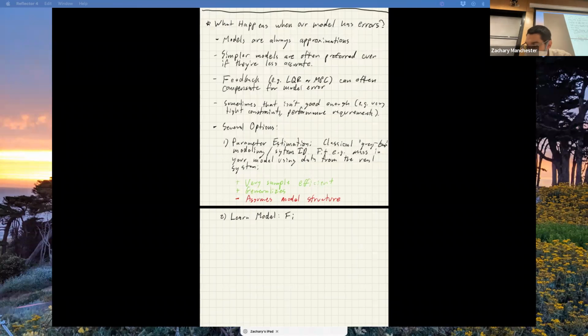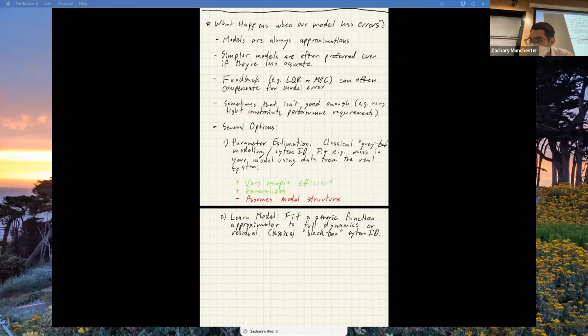So fit a generic function approximator to the full dynamics, or maybe a residual function on your nominal model. Classically, this is called black box system ID.